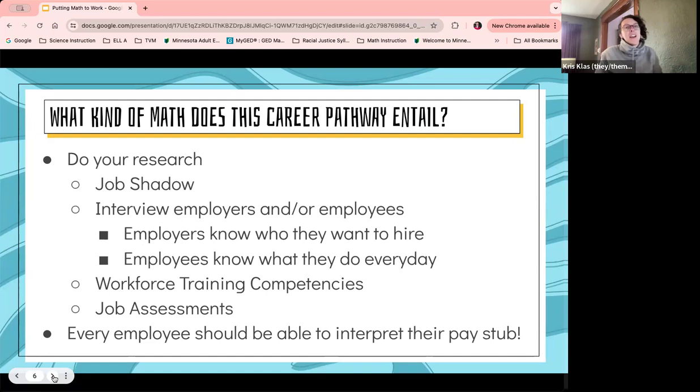So if you don't include math in any other aspect, make sure students are capable of looking at that pay stub and understanding, these are the hours I know I worked. This is what overtime looks like. This is how much I made, and then where some of this money is going for taxes and other things that are being taken out of that pay stub.